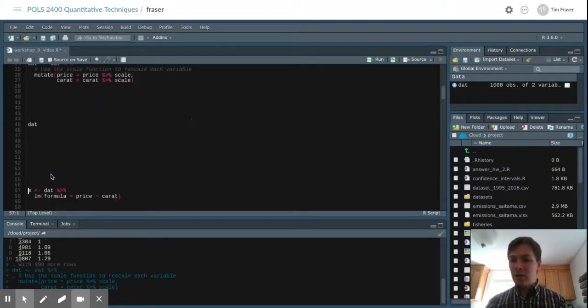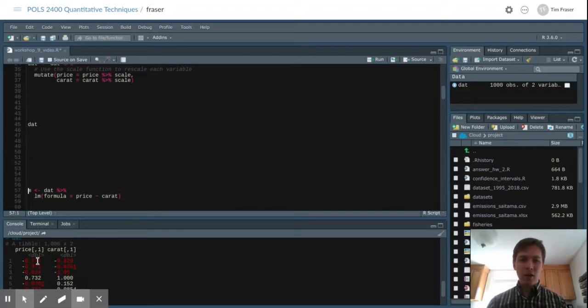We can see what it looks like now. So this was before 807. This is now negative 0.77. It just means that this is a really, really low value. It's really far from the mean, that sort of thing. Okay. Great. So we've rescaled our variables so that they're going to be helpful to us.